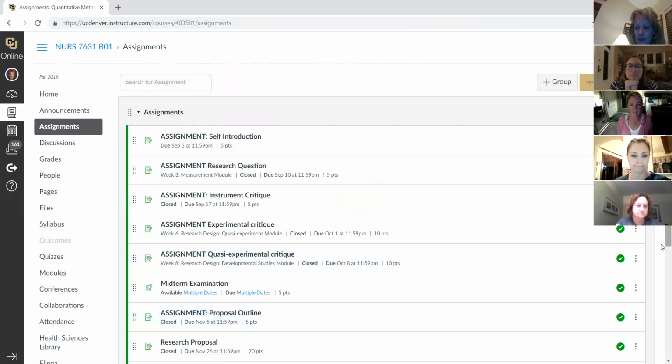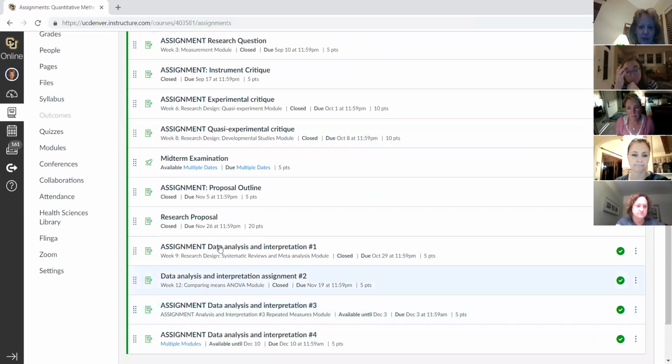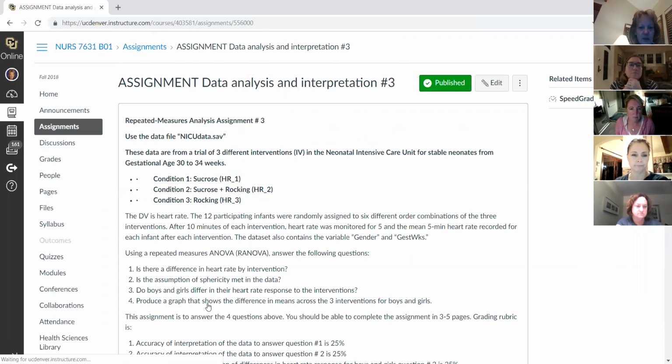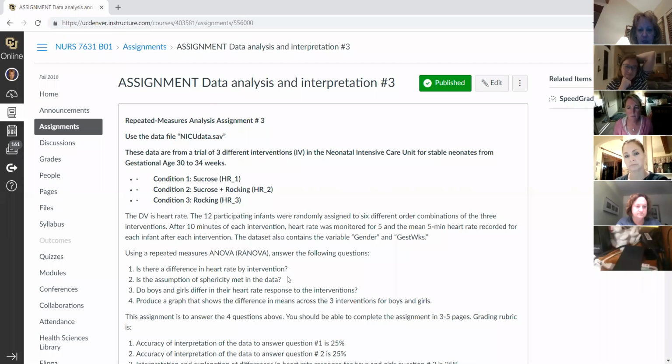Yeah, I think that's number 2, interpret that. So is there a difference? Is the assumption met, and so how will you know what test they are talking about? And then do boys and girls differ? That means interpret what you have on the output that answers that question.